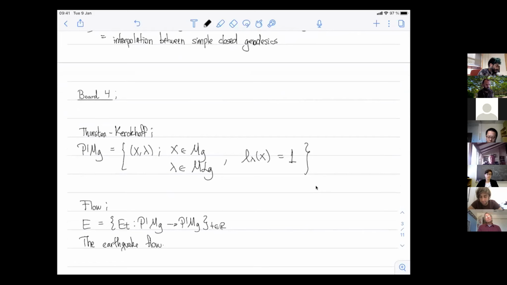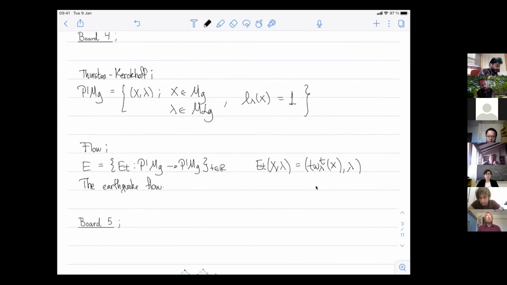The way it acts is that if you apply the earthquake to a point (x, lambda), you're going to twist your surface along lambda for time t, and you're going to leave the lambda by itself.